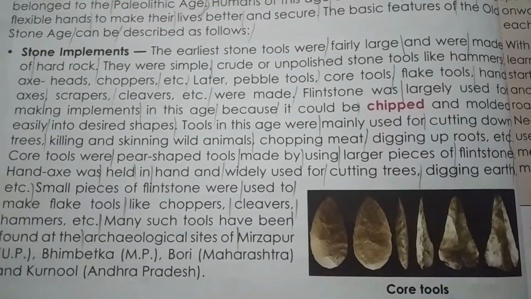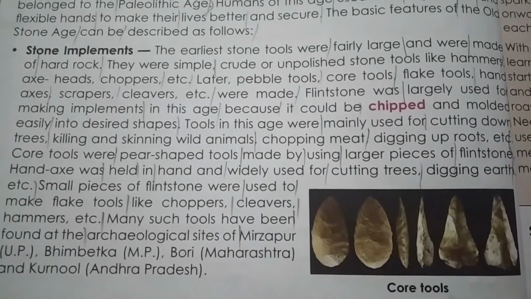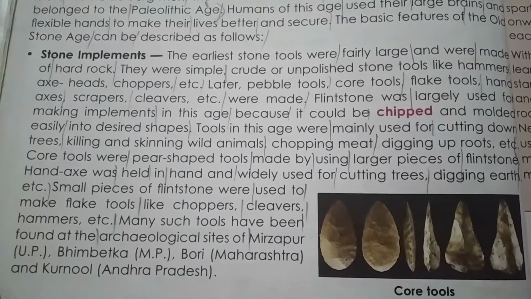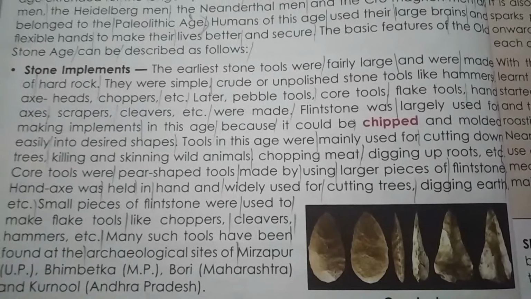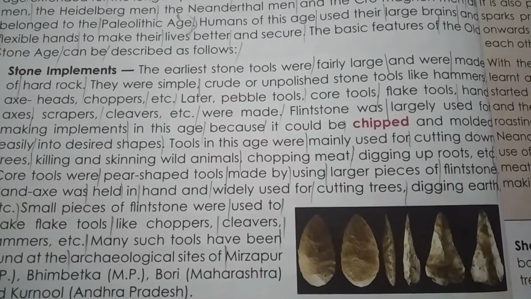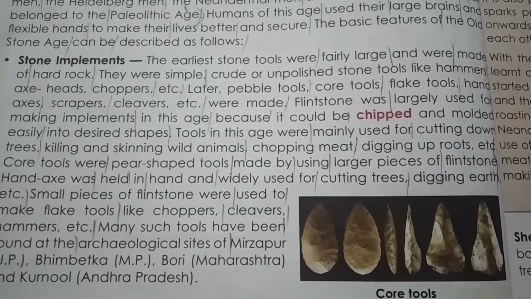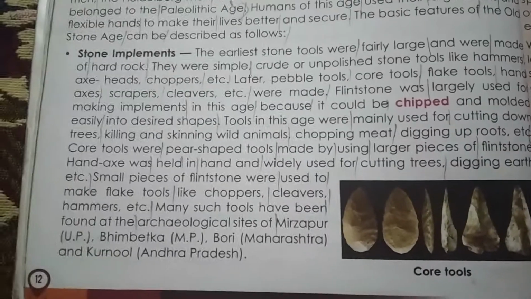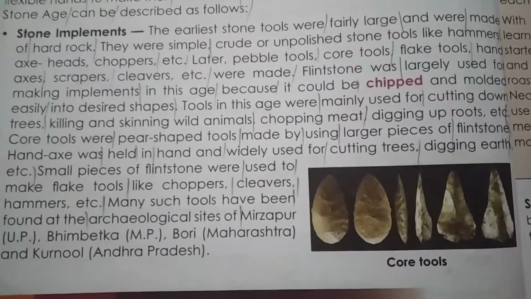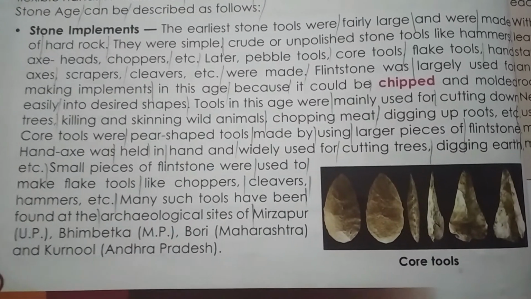They had different tools for different kinds of work: some to cut wood, some for digging the ground, some for hunting, killing, skinning, and some for chopping meat so they could eat it directly. Likewise they used different tools, but they were very simple, crude and unpolished.